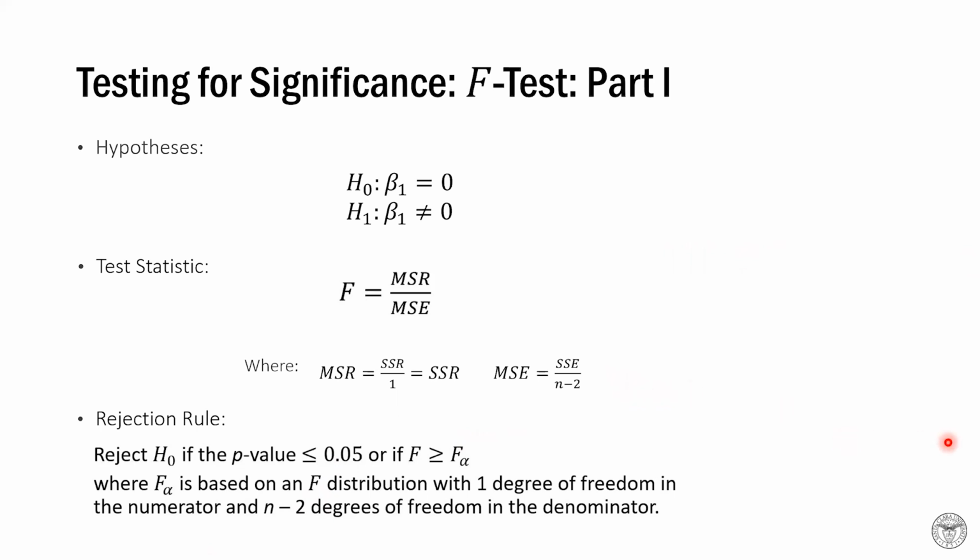In simple regression, the f statistic is given by MSR over MSE. Well, MSR equals SSR over 1, equal to SSR. MSE is equal to SSE over n minus 2.